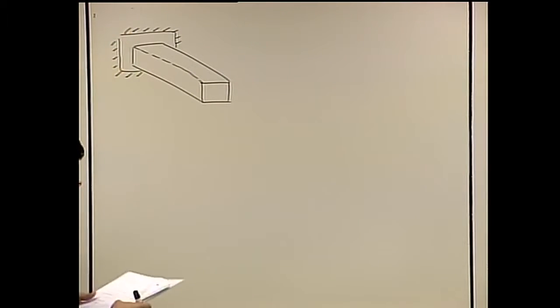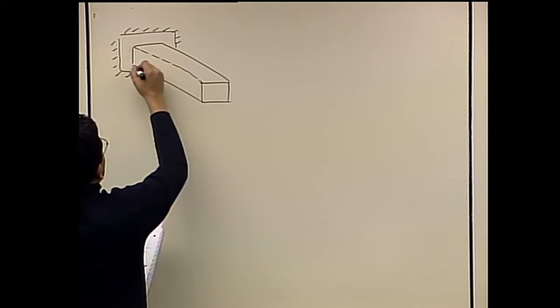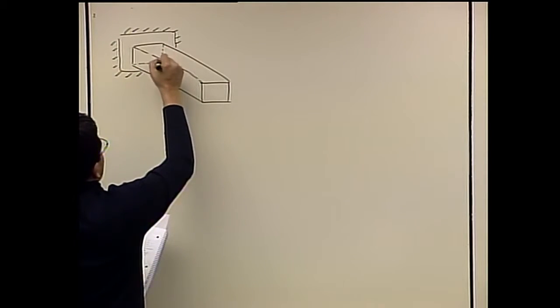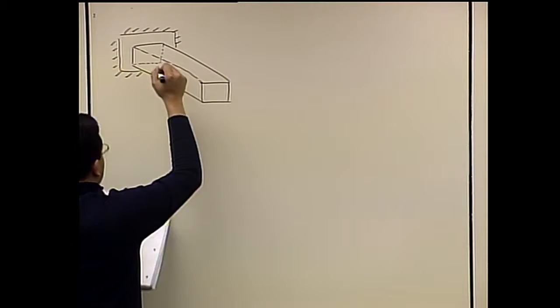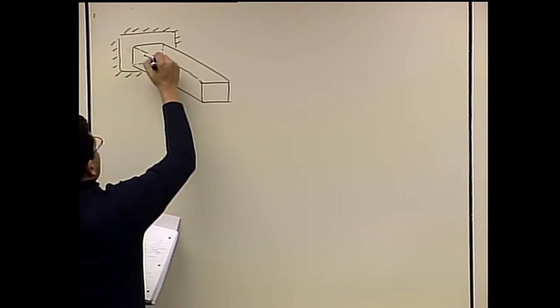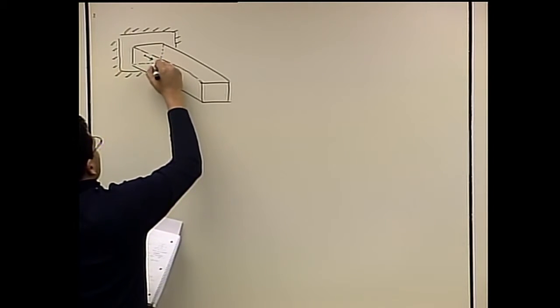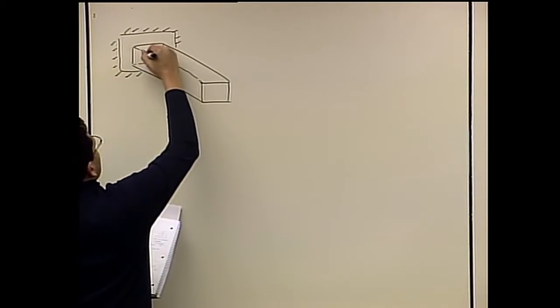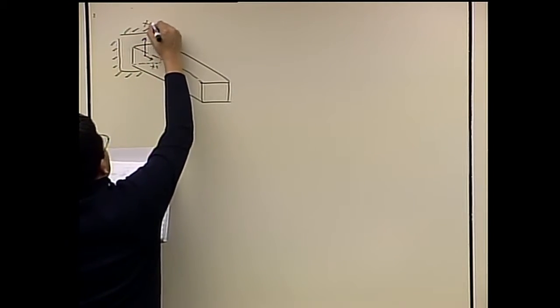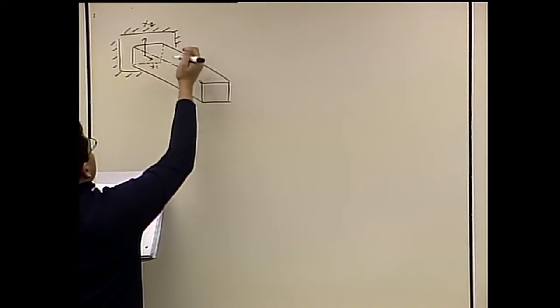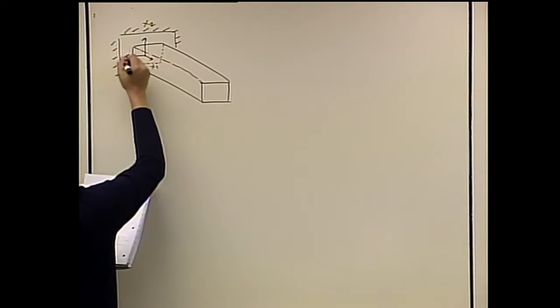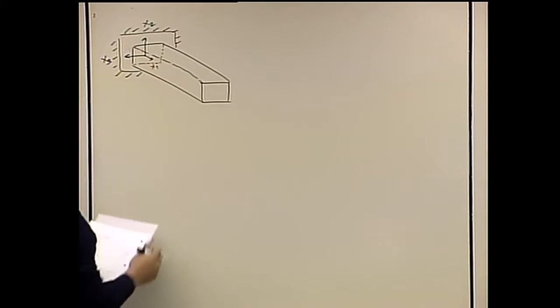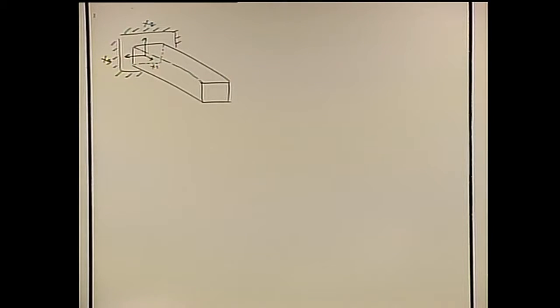Let's define a coordinate frame of reference. Let's say we have x1 along the length or the span of the beam, x2 going vertically upwards in the cross section, and x3 going towards the left.